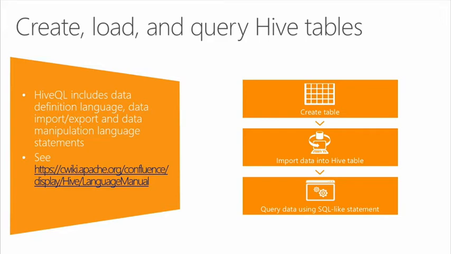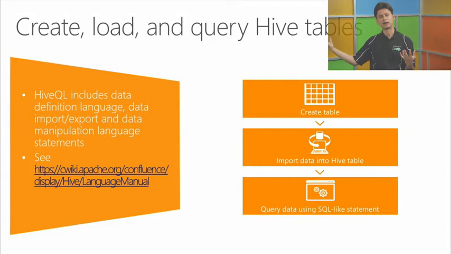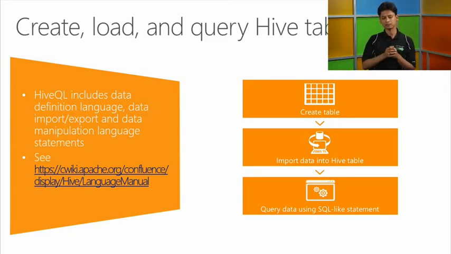While creating the table, you can directly point to a folder or directory construct on top of Azure Blob Store, and all that data will be used during the query. Or you can say to copy or pull in the data from another folder and create a copy of those data files for my Hive table. And once you're done with that, once you have the underlying data, that's when you can start querying it.